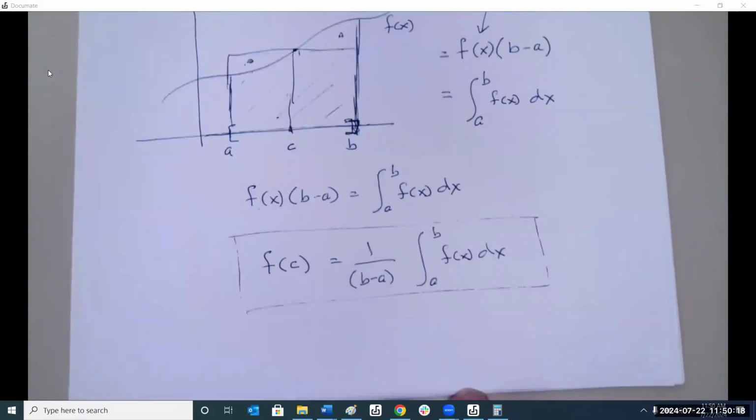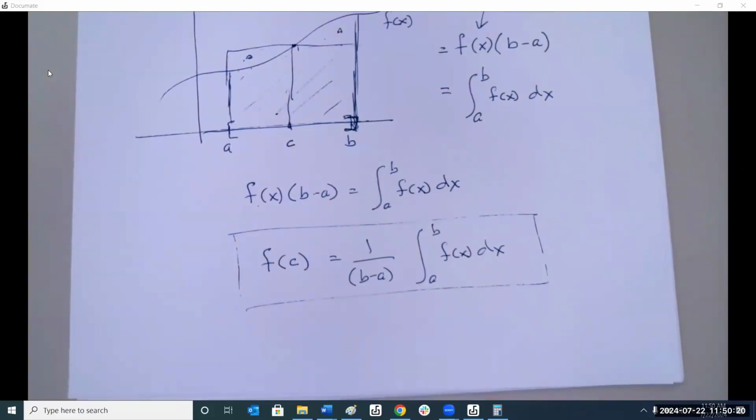That is, by definition, what the mean value theorem of integral calculus is all about.